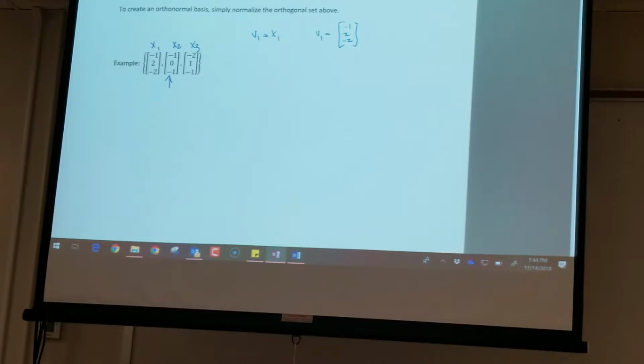So according to the formula, v2 is going to be equal to x2 minus x2 dotted with v2 divided by v2 dotted with v2 times v2. No, sorry, it should be v1, right? And then times v1.